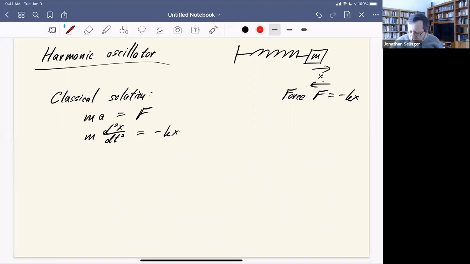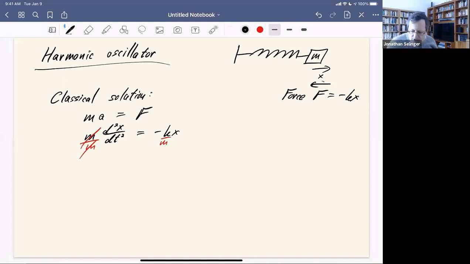And then we divide through both sides by the mass. And we say this is an equation where the second derivative of the position with respect to time is a negative constant times x.